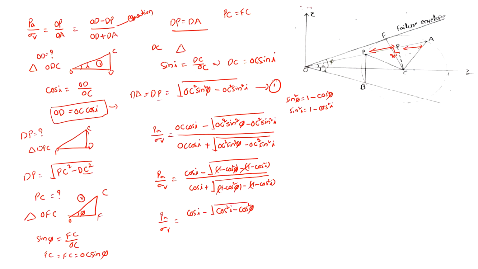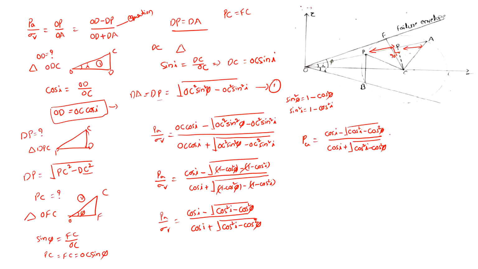and we get only cos I minus root over cos square I minus cos square phi, divided by cos I plus root over cos square I minus cos square phi. Okay, if we calculate the PA value, sigma we have to take to the right hand side, then we get cos I minus root over cos square I minus cos square phi divided by cos I plus root over cos square I minus cos square phi, and the sigma V is there now.